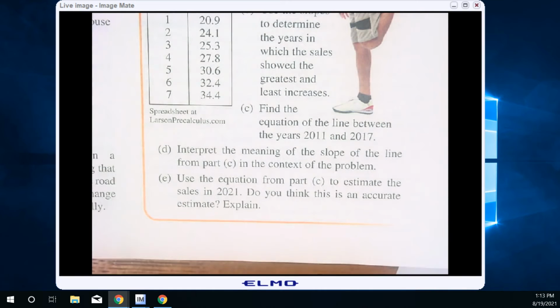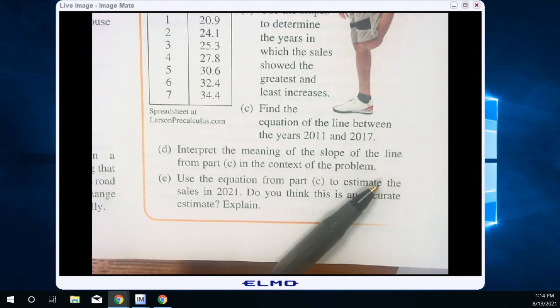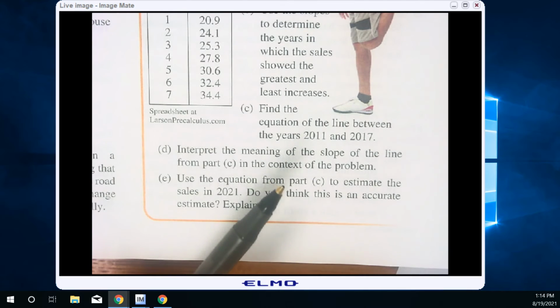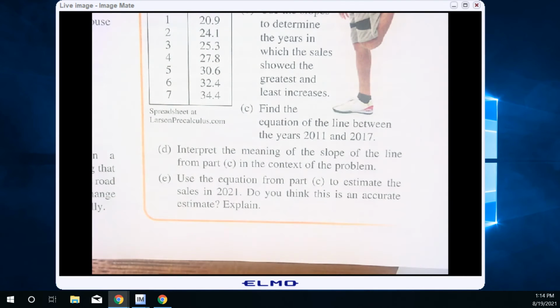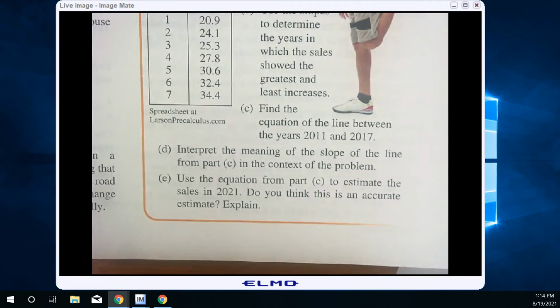Now, this is where we're going to see if you were reading the instructions. Interpret the meaning of the slope of the line that you just found. What does 2.23 represent in this problem? Okay, now remember slope is a ratio. Sales in dollars over years. So the 2.23 is what?